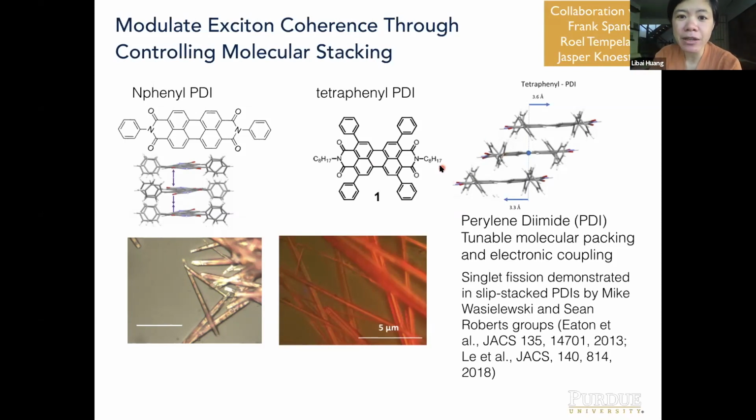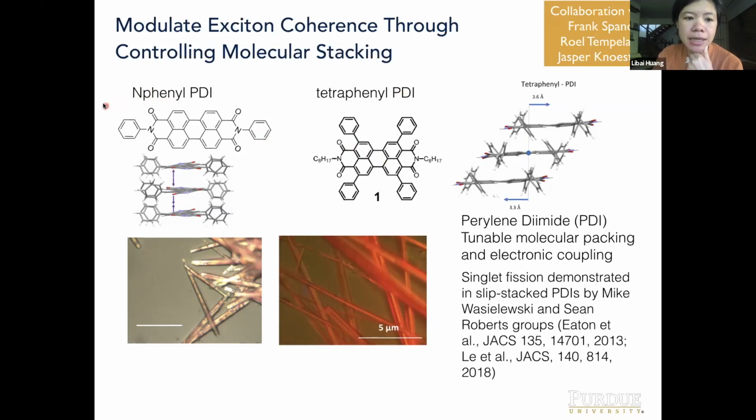Anyway, we started to work on this group of molecules that are quite popular for organic electronics. These are perylene diimides. We were interested in them because they are much more tunable, in that you can change the interaction by changing the structure. In particular, we look at two different aggregates, one based on N-phenyl PDI and the other tetraphenyl PDI.